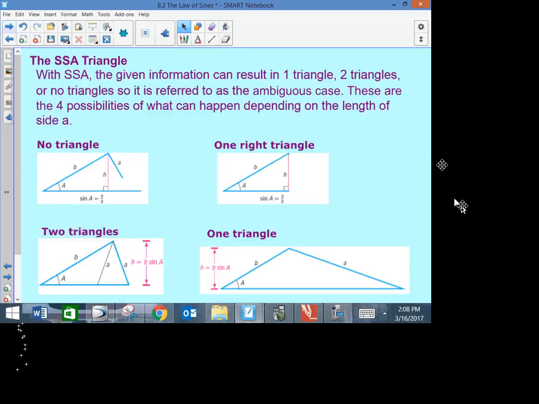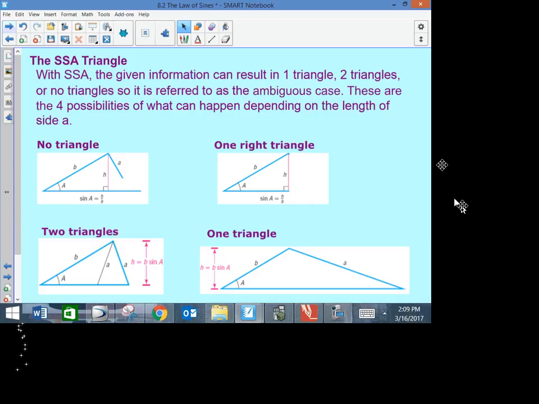Now, this is the SSA triangle, which is where all the tricky stuff comes in. Remember, SSA does not guarantee us one triangle, because that's not one of those congruent triangle things. Okay? So look what happens. Sometimes we have a side, and the angle, and then, oh, that's not going to work. We're not going to get a triangle.